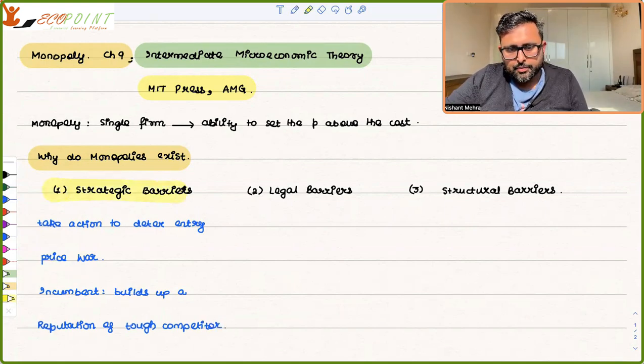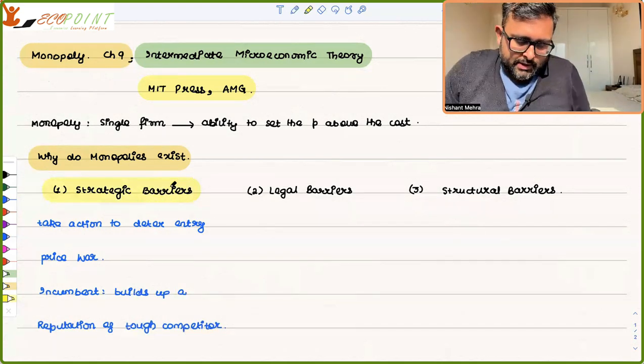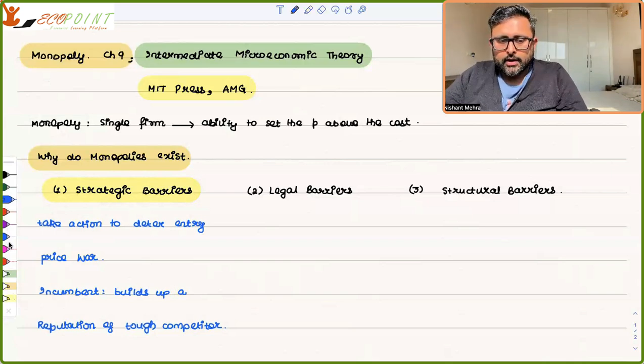And because the incumbent monopolist is reducing the price a lot, and you get tired even after fighting, the entrant feels it's not worthwhile, so let's move on to some other market.